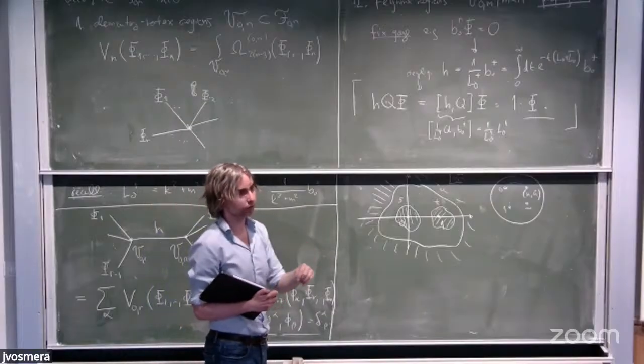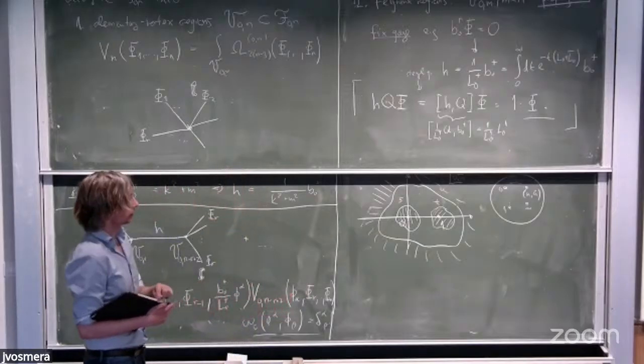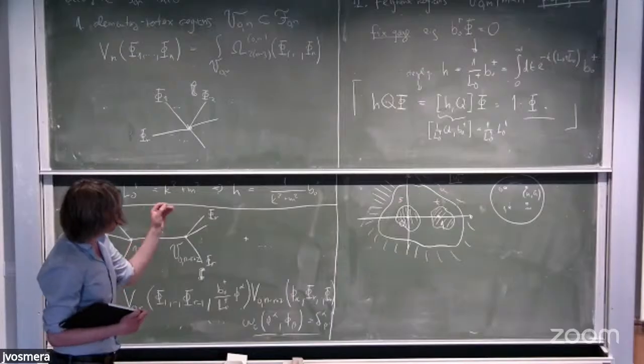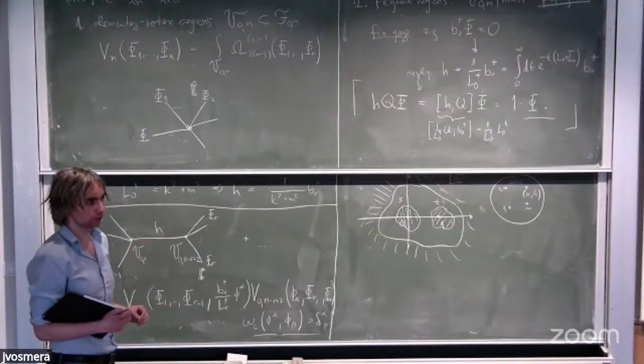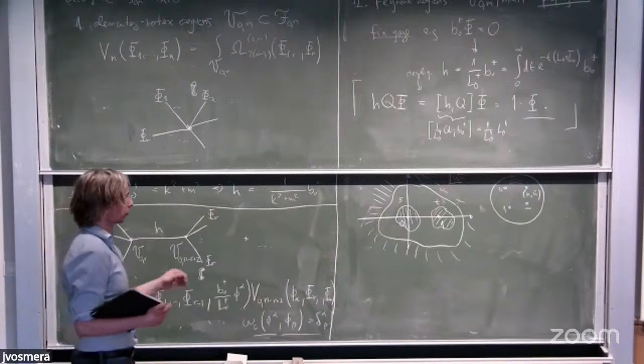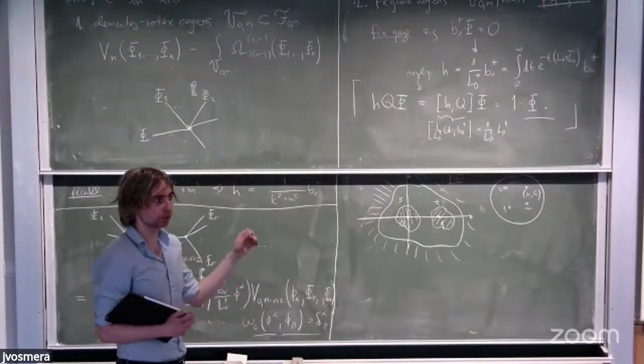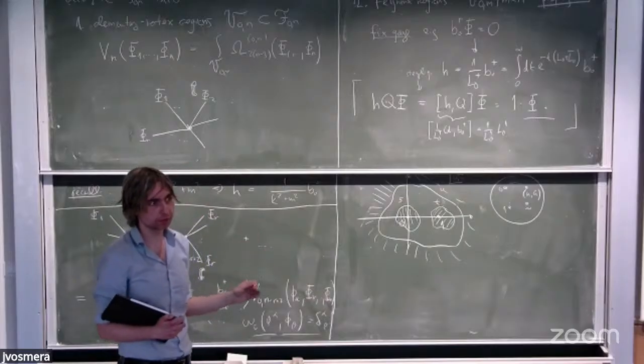And the shape of this region is up to the string field theorist who is constructing the action. That's yet another freedom which goes into constructing the action, and together with the freedom of choosing this section, that will go precisely into the freedom of making a field redefinition of the elements of T.